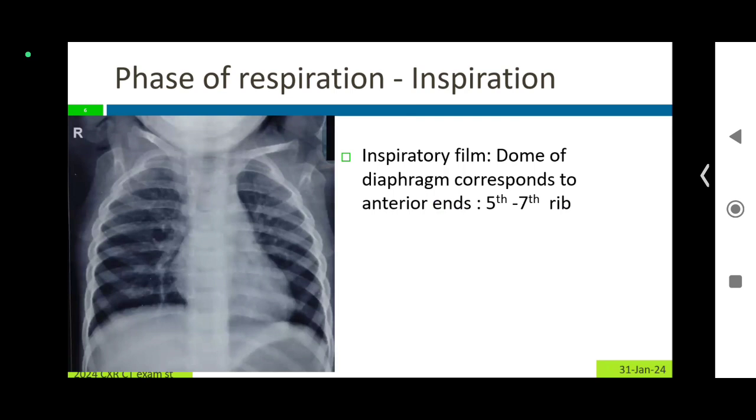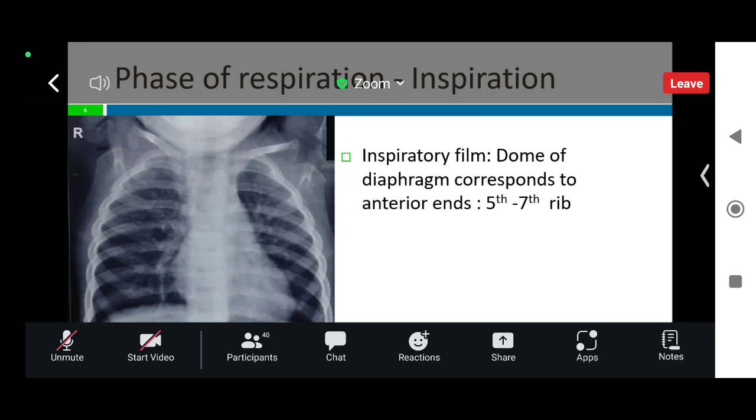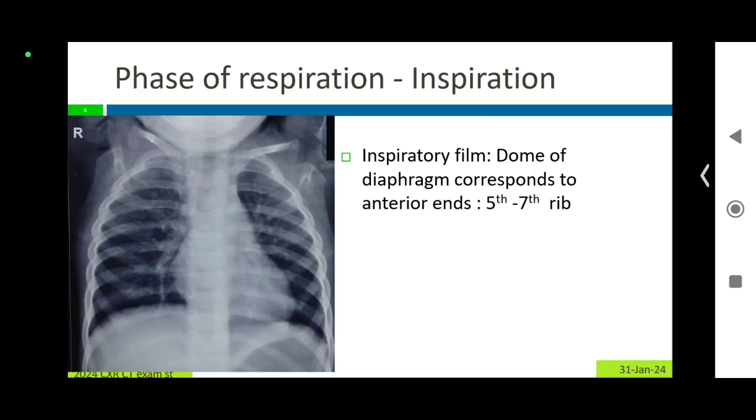The phase of respiration. Normally, we expect an inspiratory film. In the inspiratory film, the dome of the diaphragm corresponds to the anterior end of the 5th to 7th rib. You may have confusion about which is the anterior end and which is the posterior end.